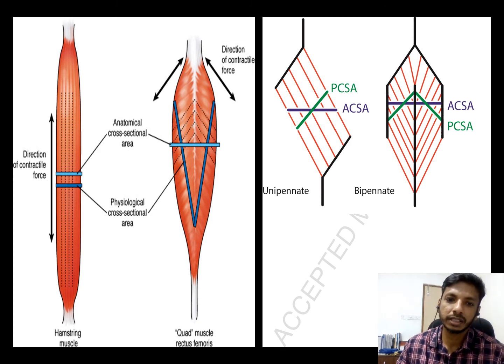So the function varies. The quads and the hamstrings differ here. The hamstring has the same anatomical and physiological cross-sectional area, whereas the quads, especially the rectus femoris, have a different anatomical and physiological cross-sectional area because of the angle of pennation.